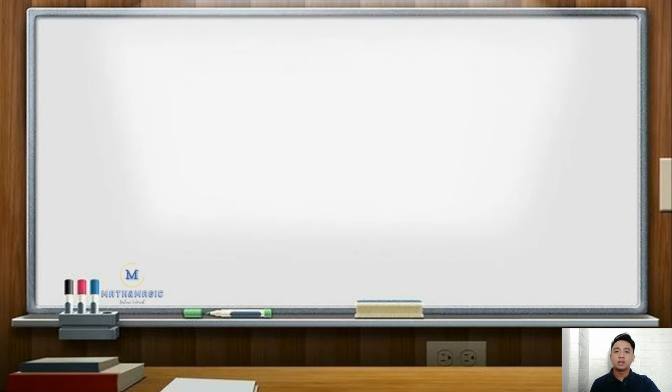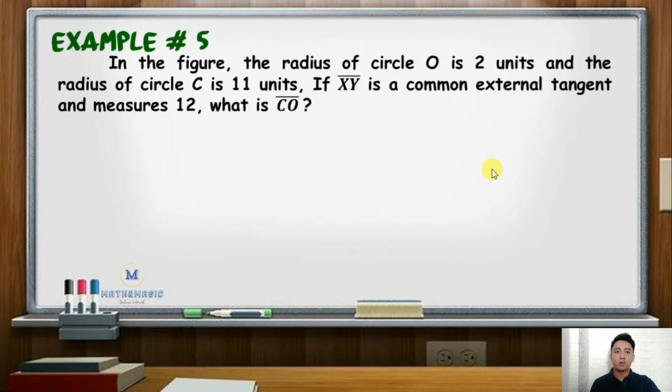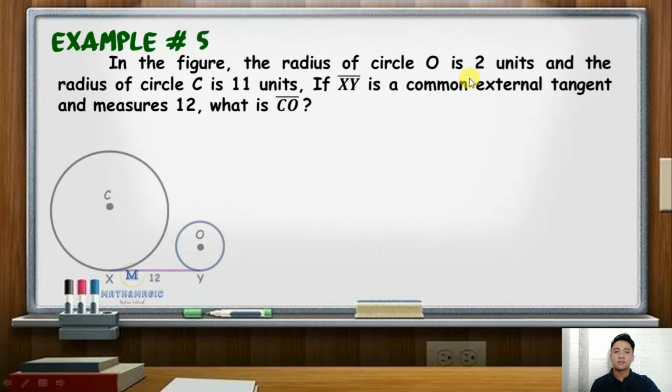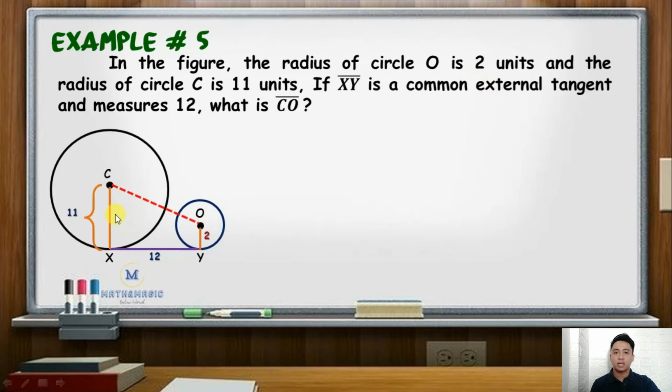In the figure, the radius of circle O is 2 units and the radius of circle C is 11 units. If segment XY is a common external tangent and measures 12, what is the length of segment CO? To answer this problem, we need to supply additional information for it to be easily solved.